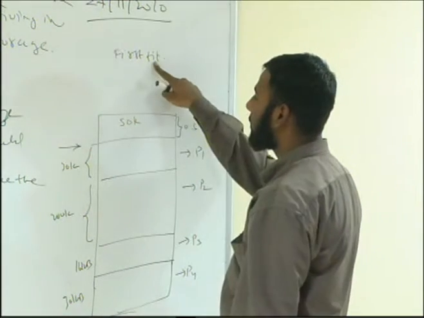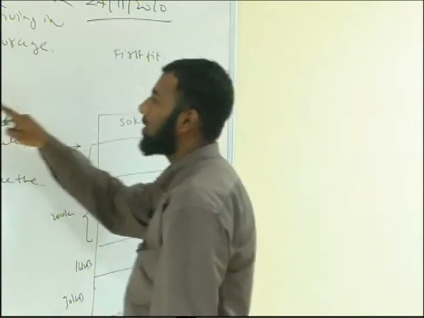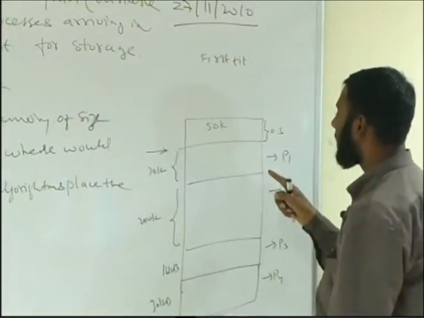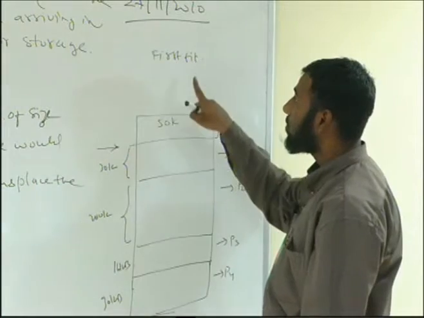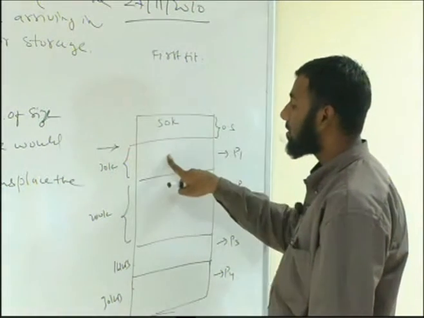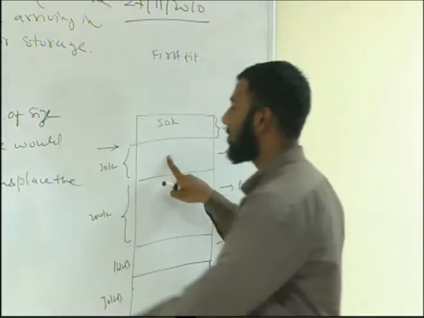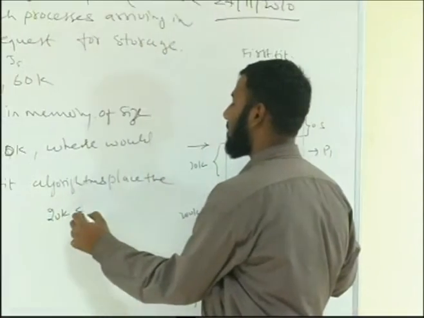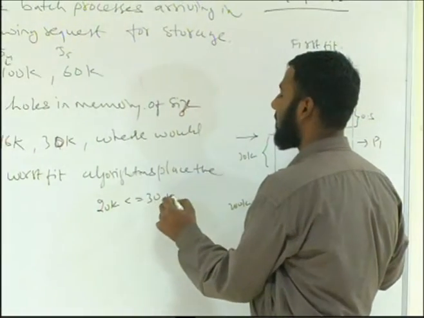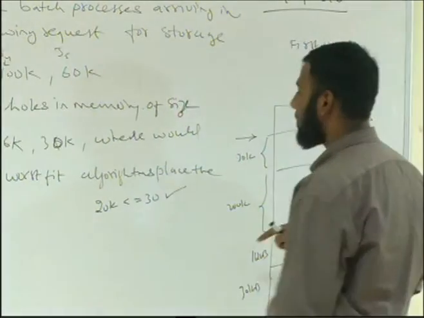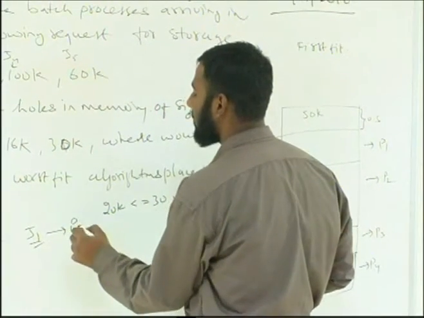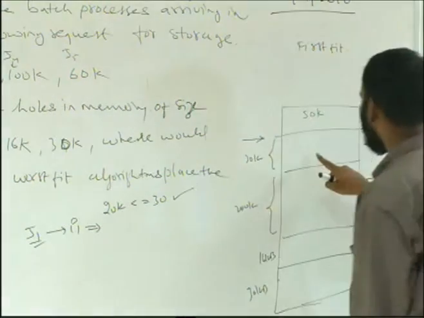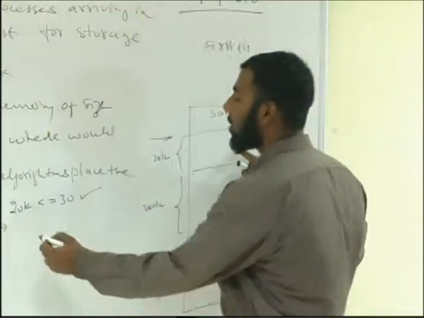Using the first fit algorithm, when a 20 kilobyte process comes, it will check this condition: is 20 kilobytes less than or equal to the size of the partition? Yes, it is true. So partition P1 will be allocated for job 1, but as a result there will be internal fragmentation.